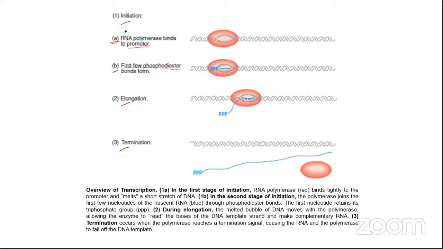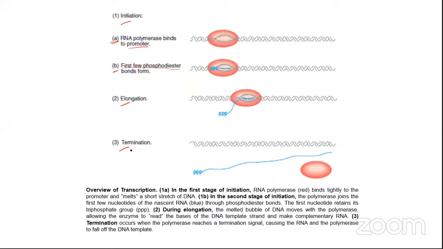Next, once these initiation steps are done, the RNA polymerase progresses into the elongation phase, where it is essentially just incorporation of new nucleotides, taking the DNA as the guide, to synthesize a complementary RNA molecule.